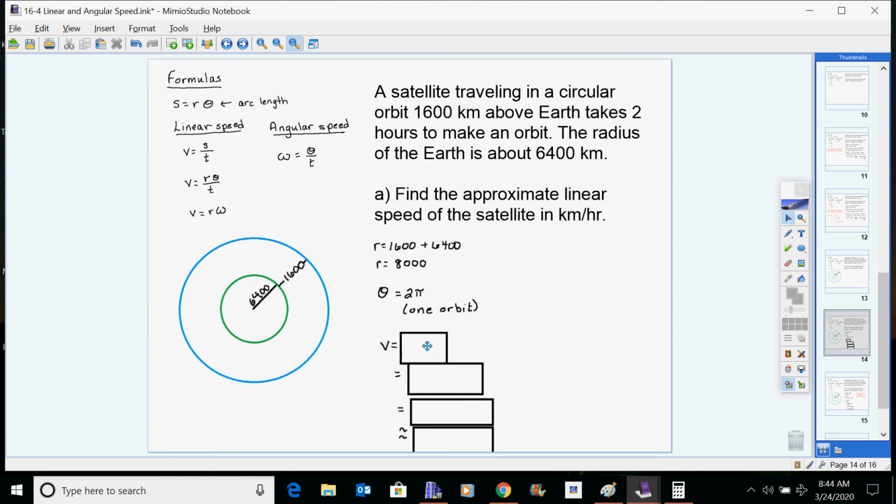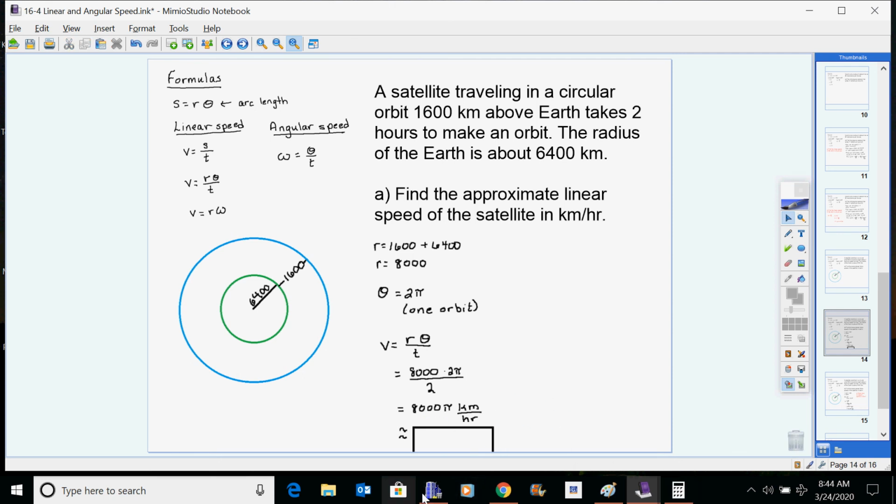Our velocity, with the amount of things that we have, theta, and we have our time, we have our hours. So we want to use the one that uses r and theta over time. And our time is 2, in pi kilometers per hour.